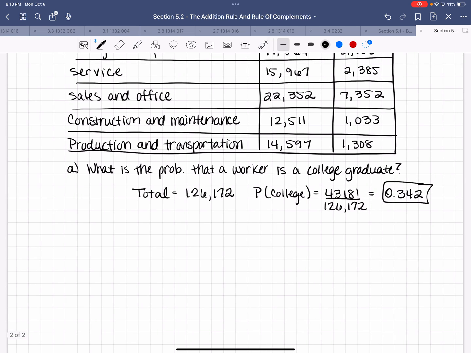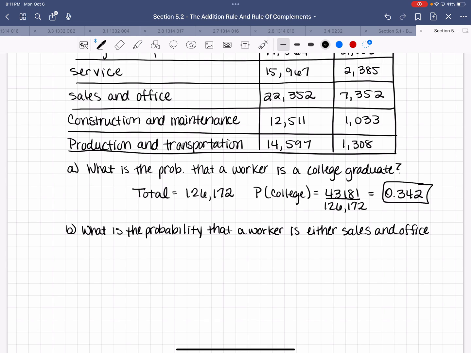B. B says, what is the probability that a worker is either sales and office or production and transportation.